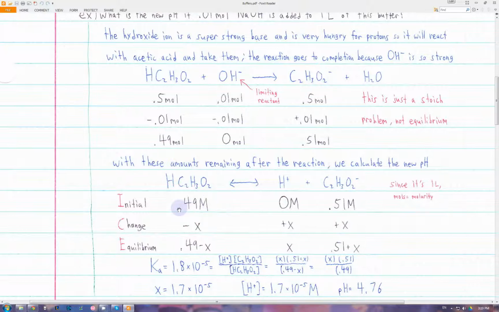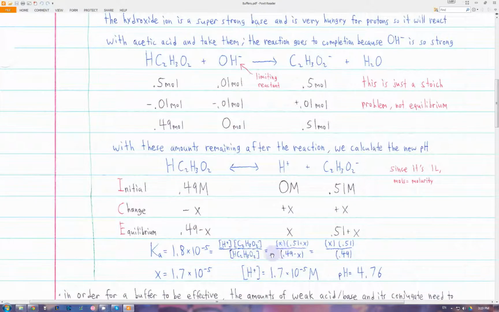So new initial concentrations are 0.49 molar and 0.51 molar. Again, make sure you convert from moles to molarity. And then we just do the ICE problem. We find that the pH is going to be 4.76.